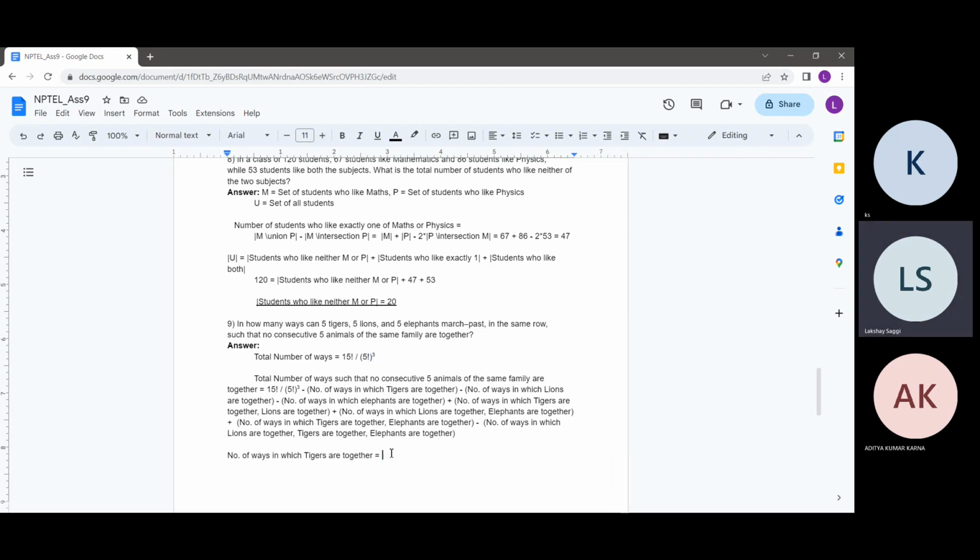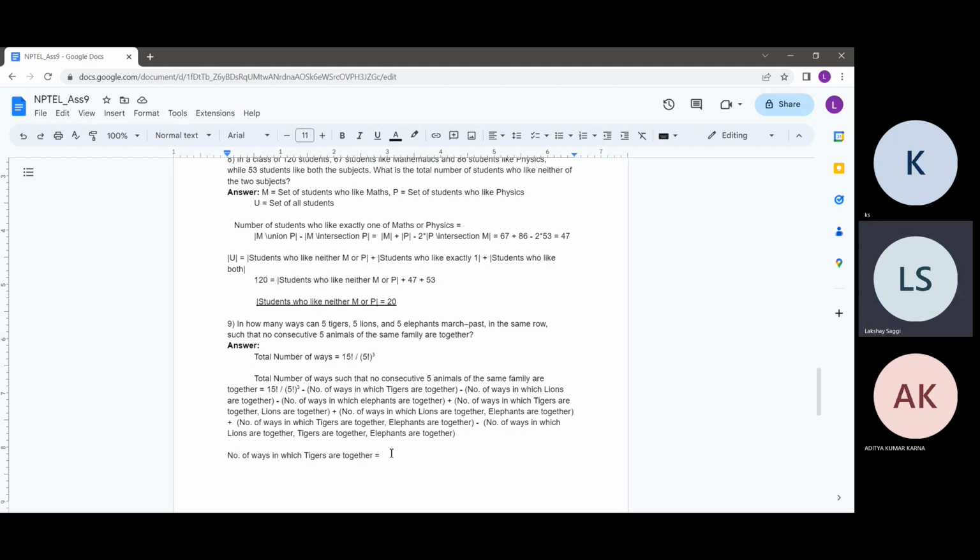So in fact, we can think of this as being given five elephants, five lions, and a set of 5 tigers, which will always come together. So we are given 11 objects: 5 lions, 5 elephants, and another object which corresponds to those 5 tigers.